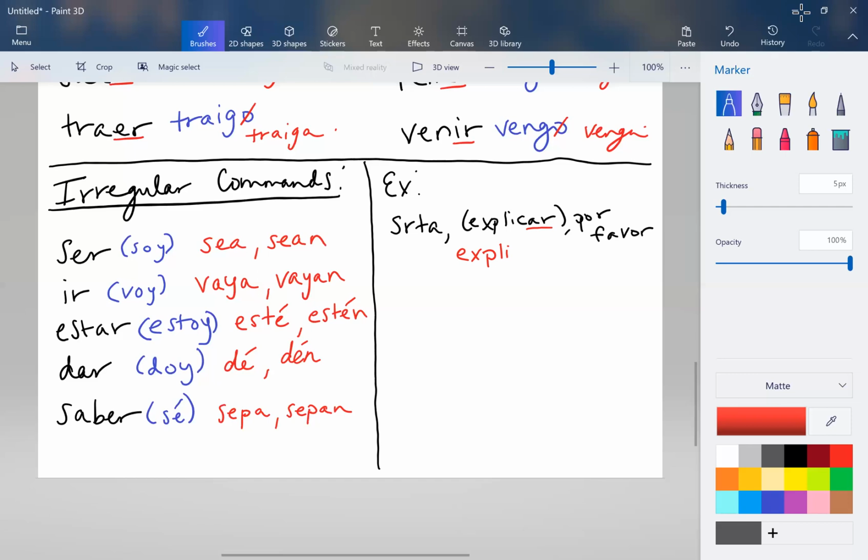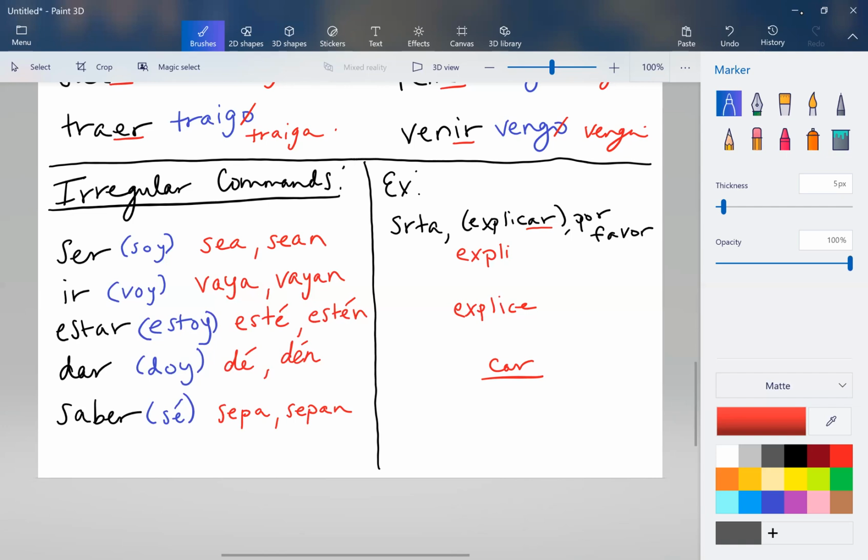Okay. So if we write it like this, that says explice. Explice doesn't sound like explique, which is what we want. What can we do to make this verb sound like explique?